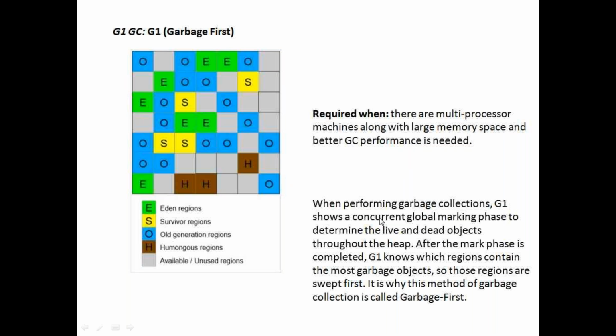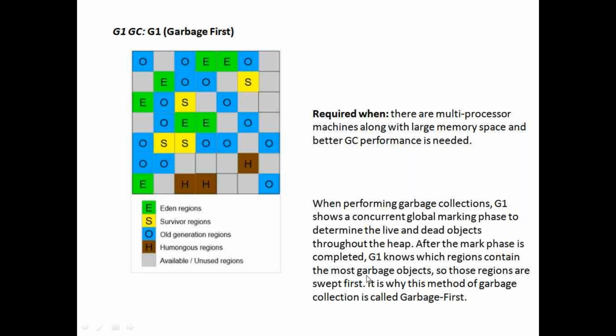When performing garbage collection, G1 uses the concurrent global marking phase to determine the live and dead objects throughout the heap. As I've told you, there will be some threads running, continuously watching and marking where all the dead objects are in all these particular spaces, saying this is dead, this is alive.